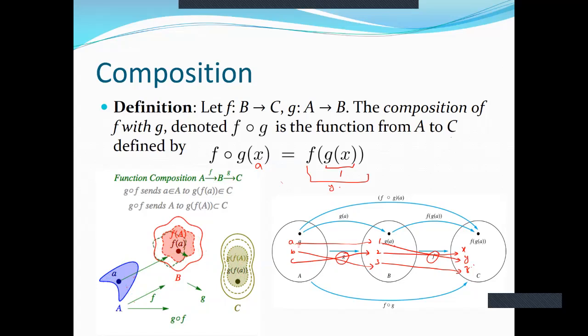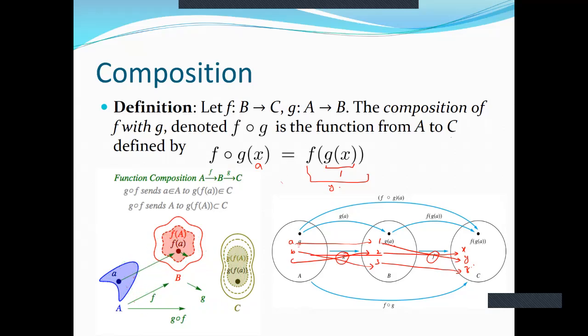Let me take one more example. So for example, this C, I first map this C to 2 with the help of G, right? That is 2. And then with the help of F, I map this 2 to X, right?